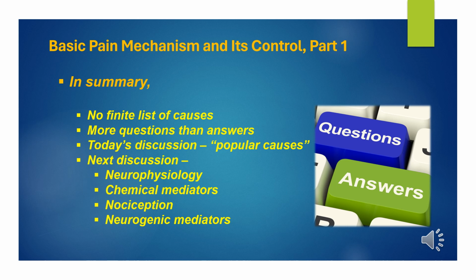This time we touched on the more popular causes, such as disc, facet joints, muscles, and lumbar nerve roots. Next time, we're going to explore the fascinating topic of the neurophysiology and the chemical mediators of nociception, neurogenic mediators, and how they play a role in the production of lower back pain.